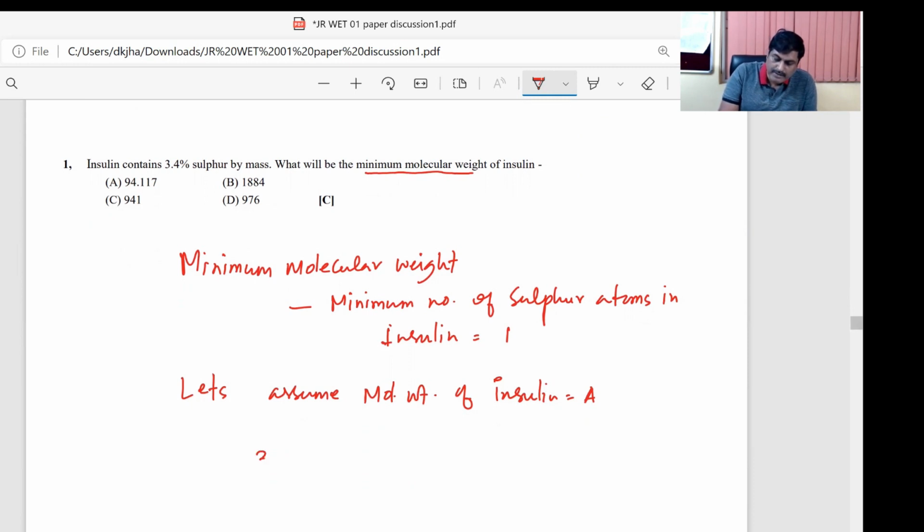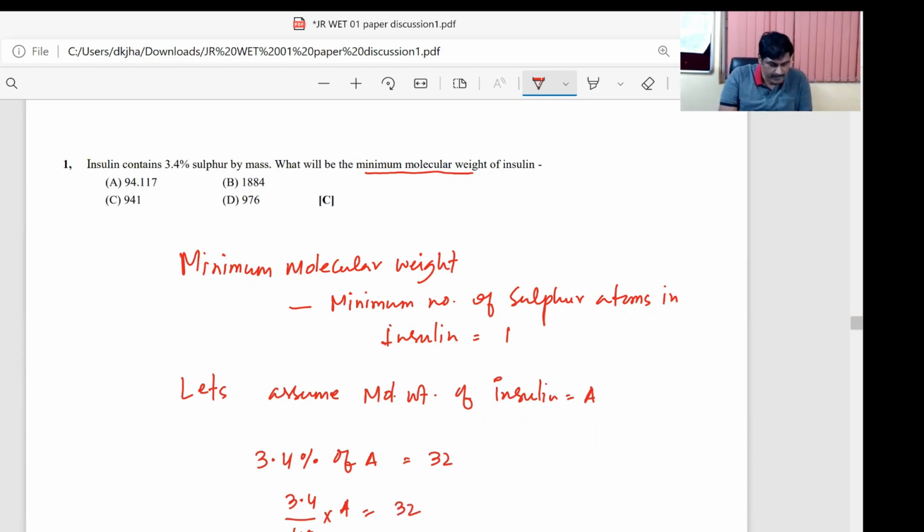So we write here 3.4% of A, the molecular weight, is equal to the minimum weight of sulfur. The minimum number of atoms present here is 1, so the weight is 32. So you will write 3.4 by 100 into A is equal to 32.